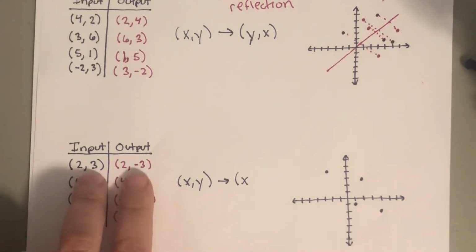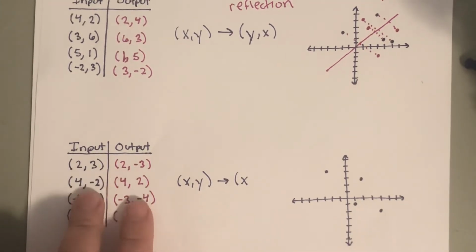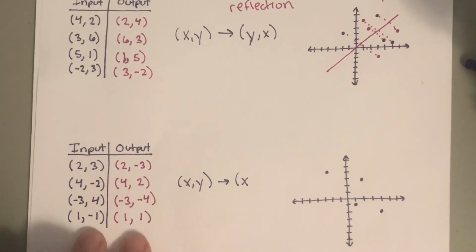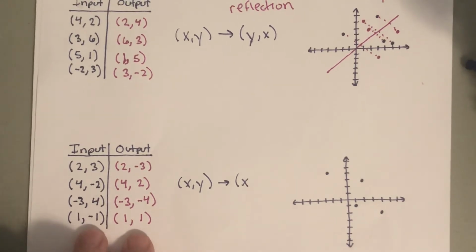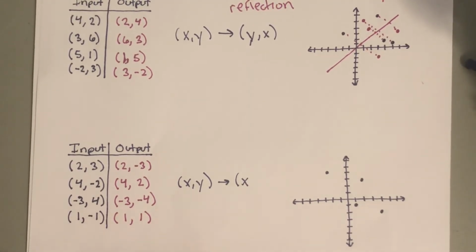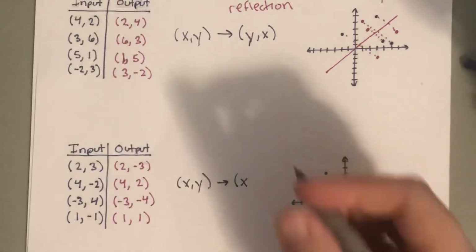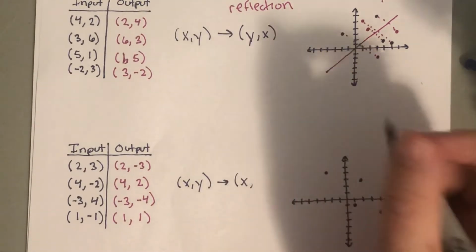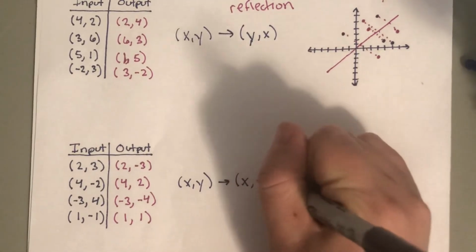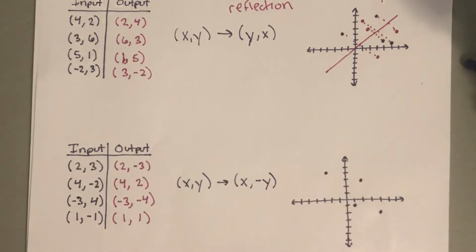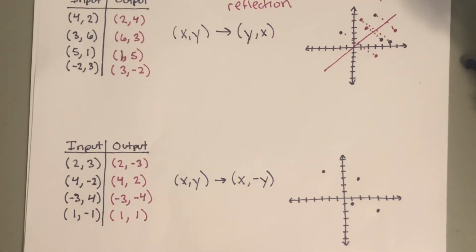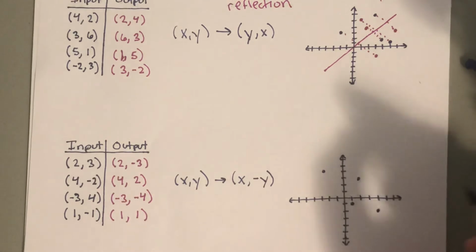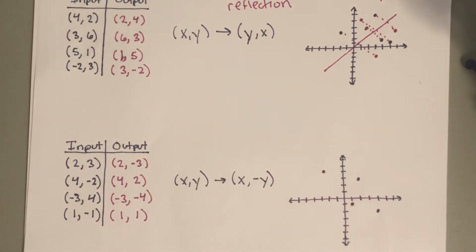For the y coordinate, 3 becomes -3. -2 becomes a +2. 4 becomes a -4, and -1 becomes a +1. So what's happening with the y coordinate is they are all opposites. So the way that we represent that is we just put a negative before the y, and that really means opposite of y.